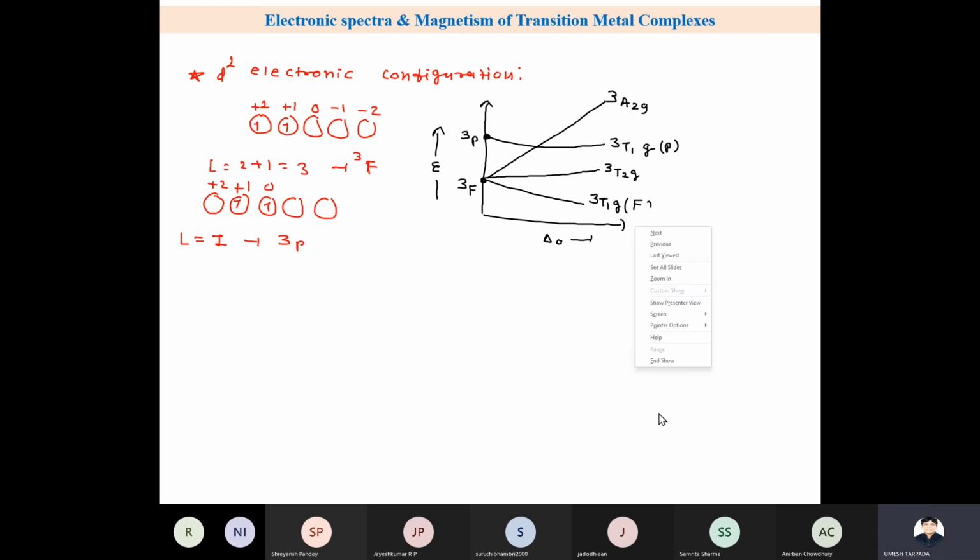Now you tell me the expected transitions are 3. Which are these 3 transitions? So see, this is the first one from triplet T1G to triplet T2G. Then this is the second one, from triplet T1G to triplet A2G, and the third one is this overlapping.